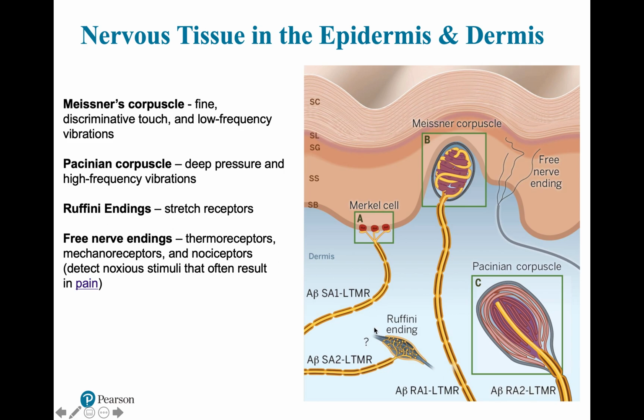Ruffini endings, I don't think we've mentioned these just yet. Ruffini endings are actually stretch receptors, and so as the skin stretches, these guys will be stimulated and send information to the nervous system about stretch. Free nerve endings, so here's a sensory neuron, and it has these free nerve endings that actually go up and throughout the epidermis.